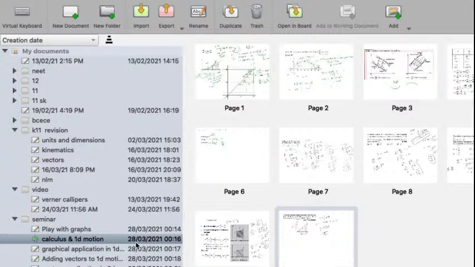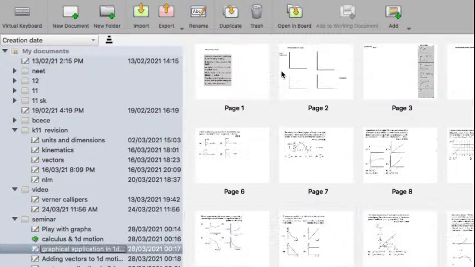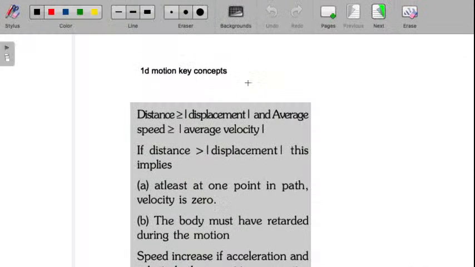Now let us go to the applications of graphs in kinematics. Whenever you have a 1D motion in kinematics, we are referring to one dimensional motion, that is motion along one straight line. So you could describe the entire motion of the object by just defining a particular direction as a straight line.